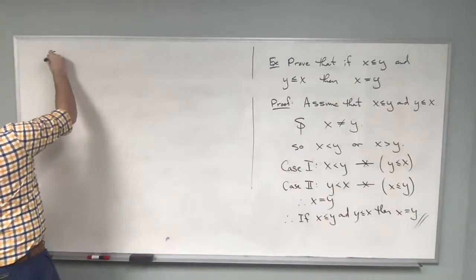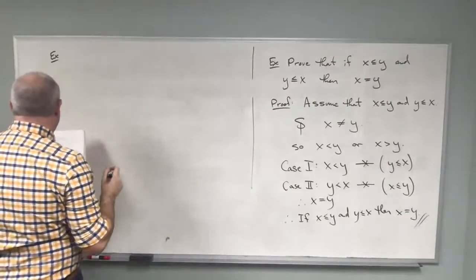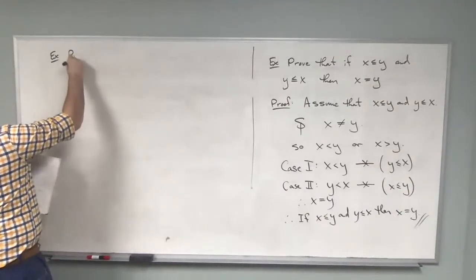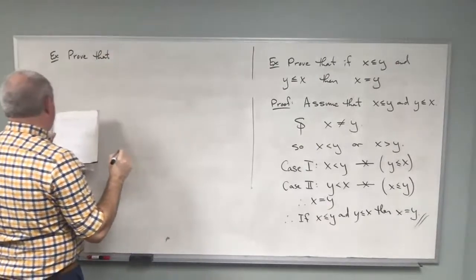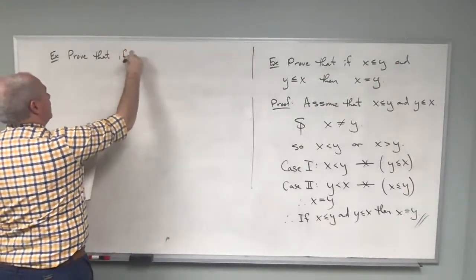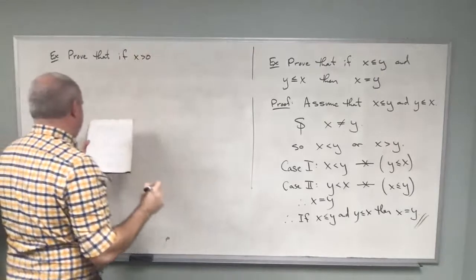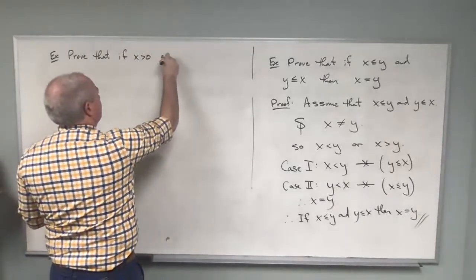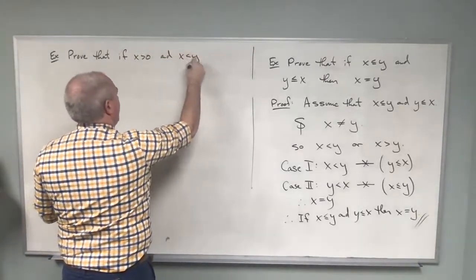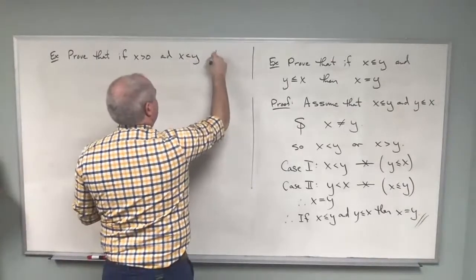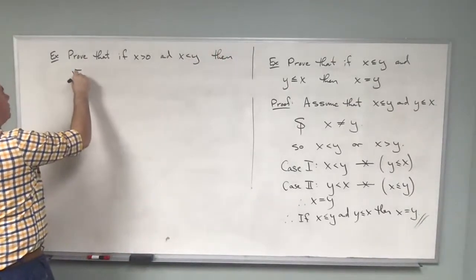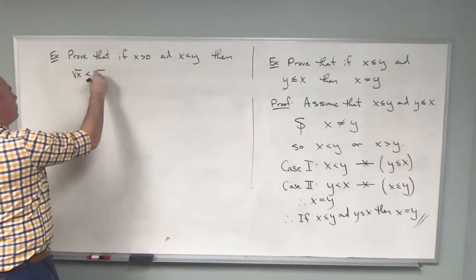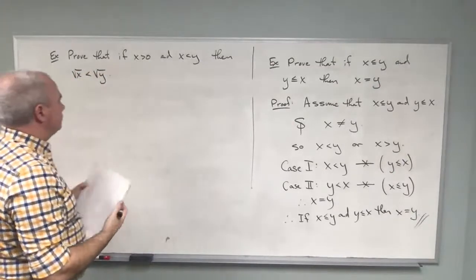So example, prove that if x is greater than 0 and x is less than y, then we have that the square root of x is less than the square root of y.